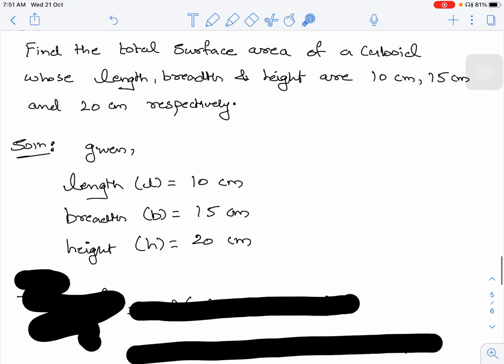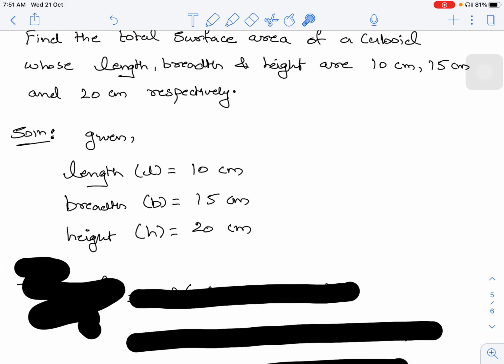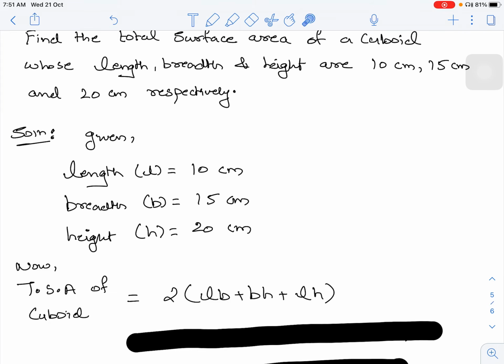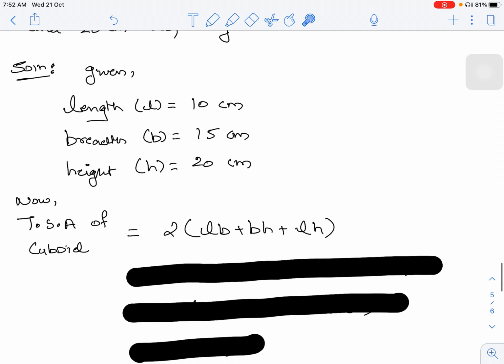So we will write the formula for total surface area. The total surface area of a cuboid is given by 2 in bracket length into breadth plus breadth into height plus length into height. Now instead of these we'll put these values over here.